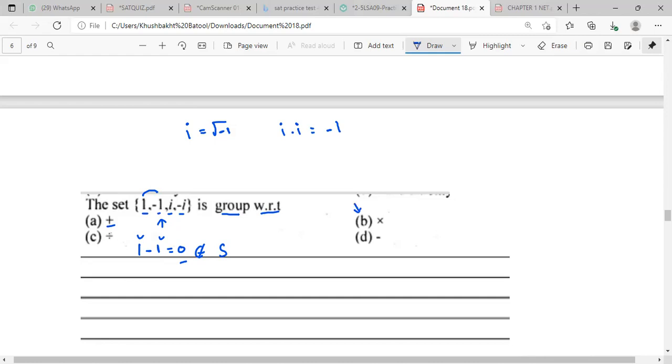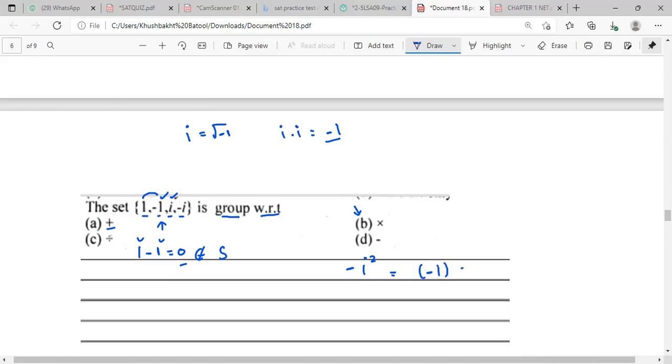Okay, now we talk about multiplication. When I multiply 1 and minus 1, I get minus 1. If I multiply 1 with iota, I get iota. If I multiply iota with minus iota, I get minus iota square. What is iota square? Iota square is minus 1, so minus 1 into minus 1 is 1.